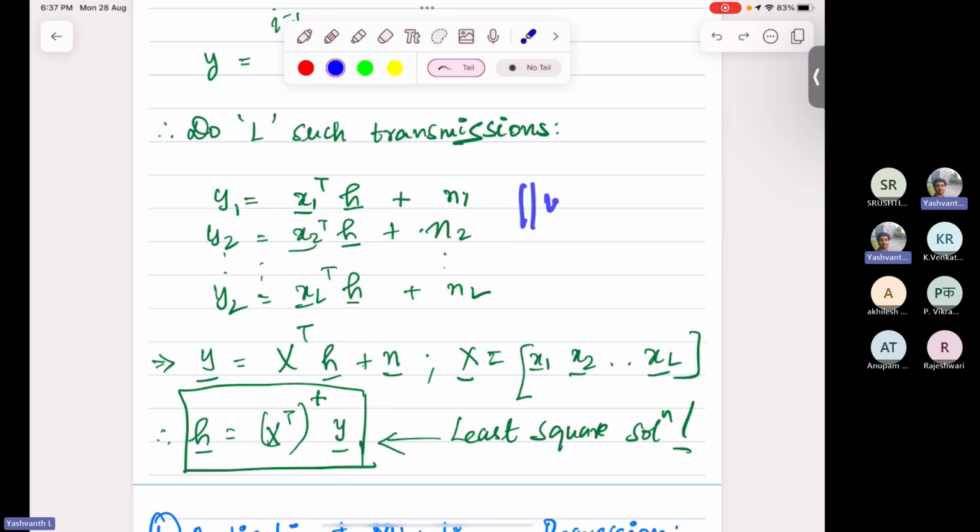So I just want Y minus X transpose H, and this error should be as minimum as possible. Then H is given by X transpose pseudo-inverse Y. So again, least square estimation comes into the picture. Maybe I will give a small engineering insight here.